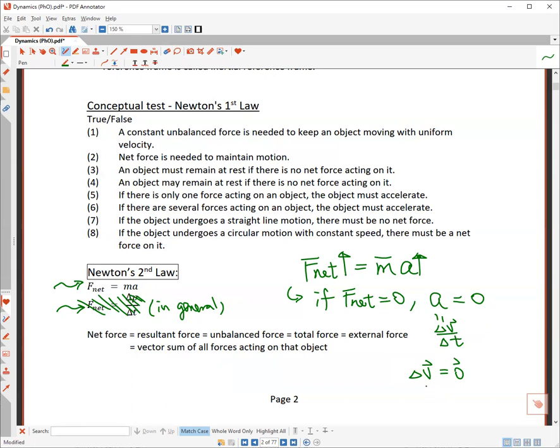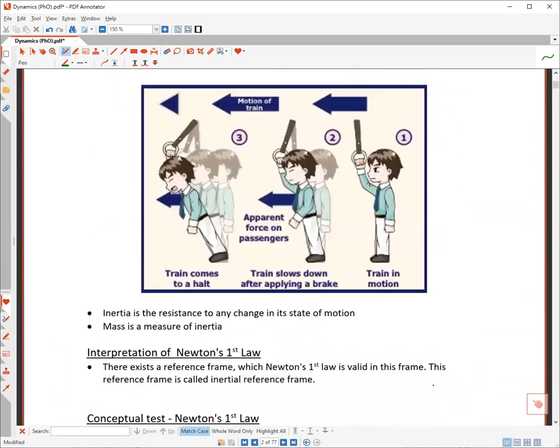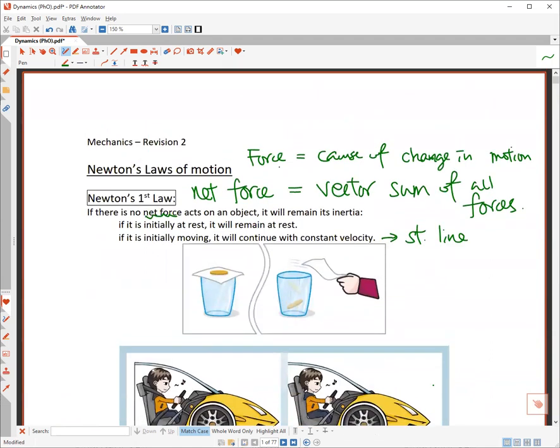Then what is the difference between Newton's first law and Newton's second law? It seems that Newton's first law is just a special case of Newton's second law. Then why don't we just omit Newton's first law and directly state Newton's second law?